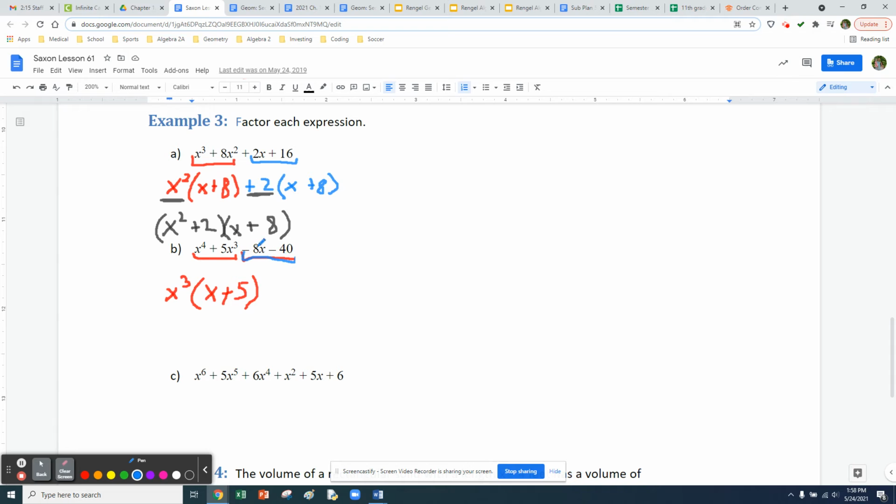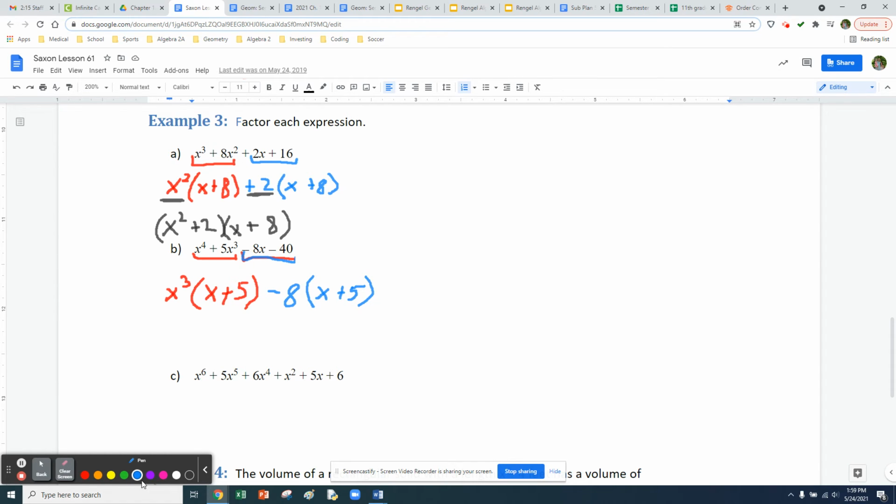Now I look at my second half. I've got a minus 8x minus 40. Anytime we can change that leading term back to positive, I'm going to do that, so I'm going to factor out a negative 8 to make that turn positive again. Negative 8 divided by negative 8 becomes positive x, and negative 40 divided by negative 8 becomes a plus 5.